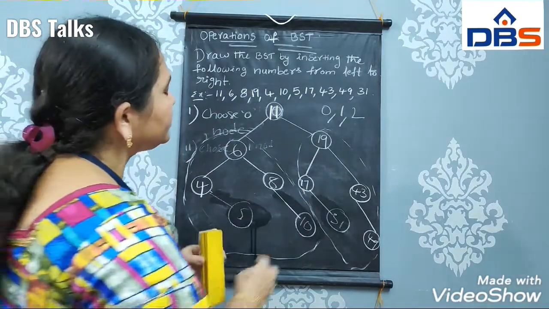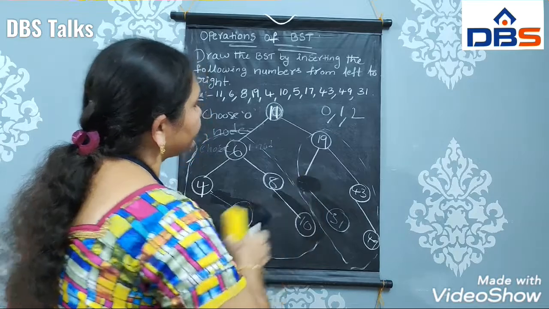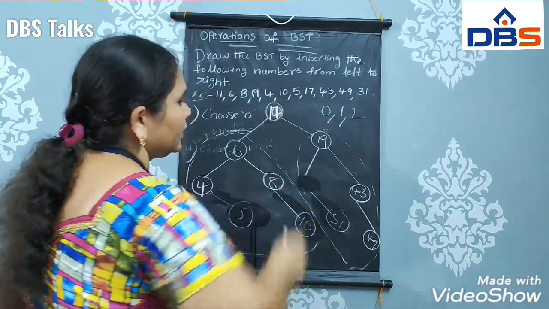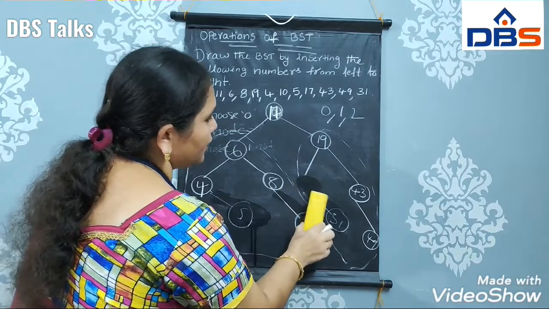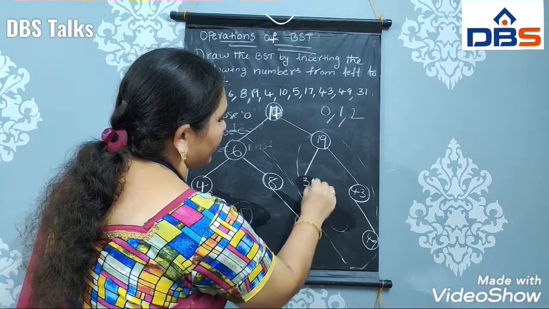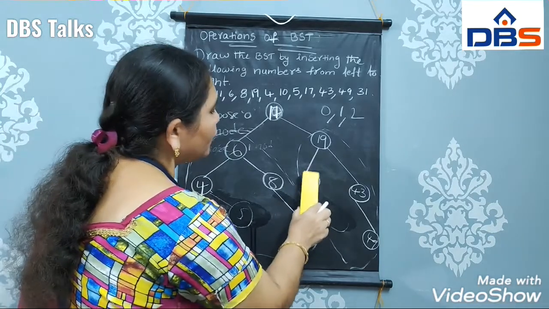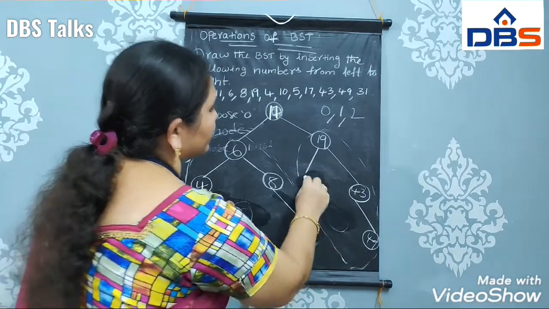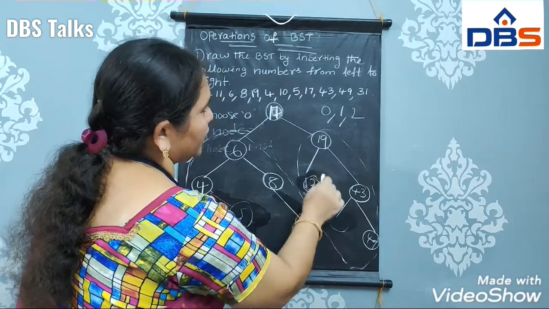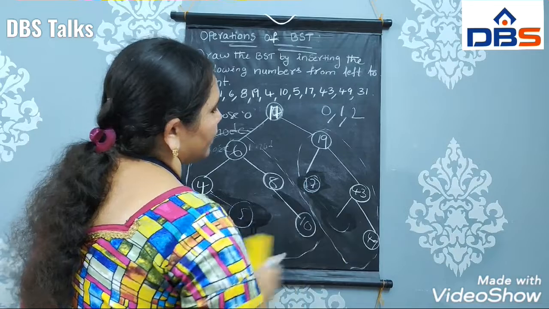So we are going to delete this node. Suppose here we are updating 17, then we are going to delete this node. Now we are going to update this 31 here. So now we have to insert the 31 here also according to that logic, that is greater than this one, and lesser than 33.